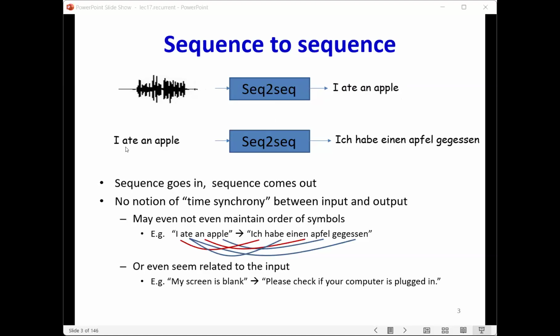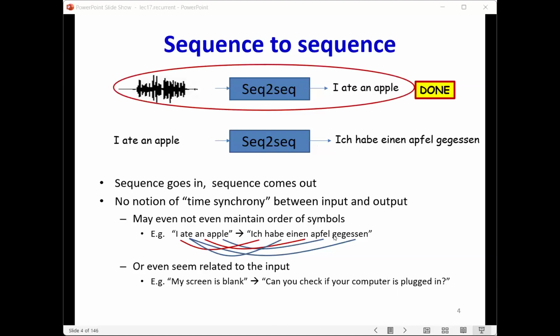For example, in machine translation, say the input is "I ate an apple." You try to translate it to German, and the output is "ich habe einen Apfel gegessen." Here the "ich" corresponds to "I," but "ate" corresponds to "habe" and "gegessen." It's split, and so on. And if you had a dialogue system and the input was "my screen is blank," and the output is "please check if your computer is plugged in," there's no real visible word-level or symbol-level correspondence.